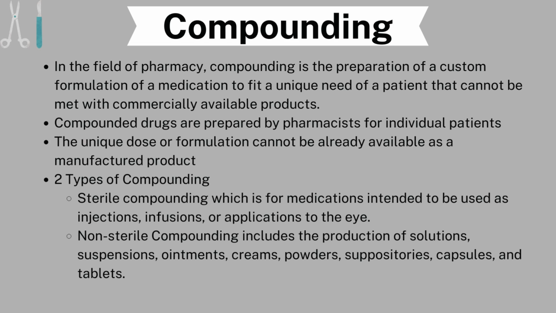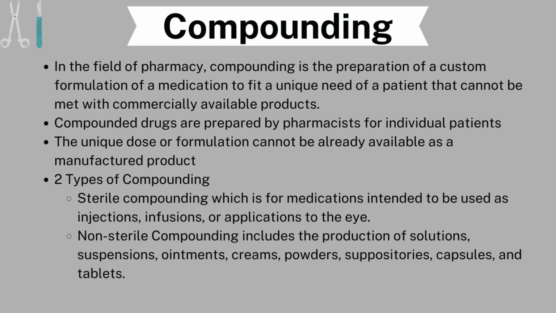A patient will use a compounding pharmacy when the medication has a unique dose or formulation that cannot already be found as a manufactured product. We would have to make it custom made. And there are 2 types of compounding.